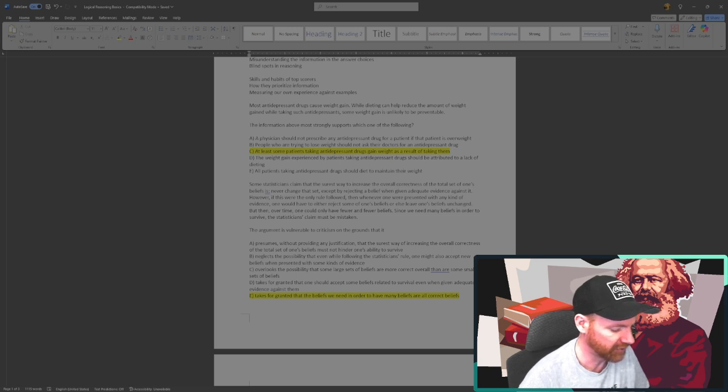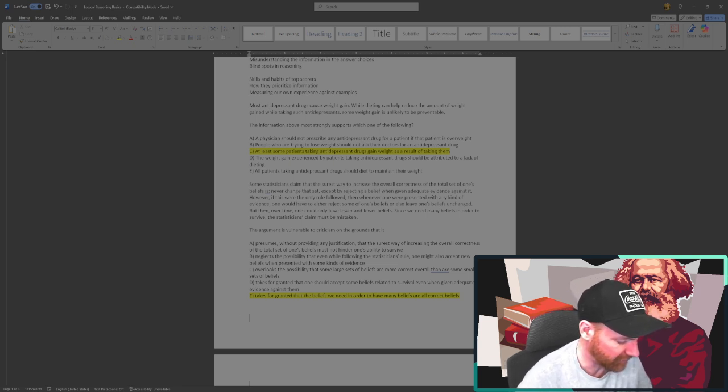People who are trying to lose weight should not ask their doctors for an antidepressant drug. At least some patients taking antidepressant drugs gain weight as a result of taking them. The weight gain experienced by patients taking antidepressant drugs should be attributed to a lack of dieting. All patients taking antidepressant drugs should diet to maintain their weight.